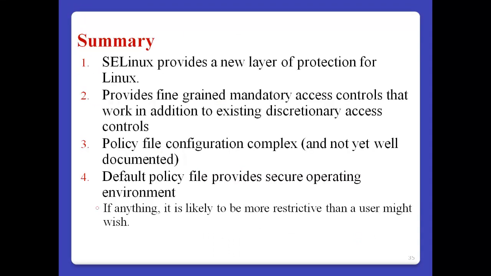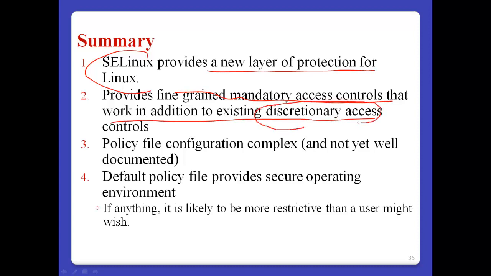Okay, so far I explained about SELinux. SELinux provides a new layer of protection for Linux systems, and it provides mandatory access controls that work in addition to the existing discretionary access control. Normal operating systems use DAC, but SELinux supports MAC.